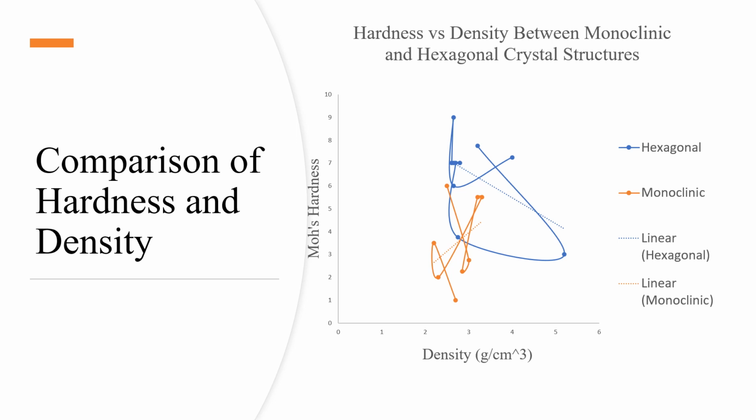And as you can see, conflicting evidence that does not really suggest that density and hardness go hand in hand. As you can see, for hexagonal, it looks like the opposite. For monoclinic, it looks like it's true. I believe that the answer is that there really isn't much of a correlation. It may be a slight correlation.